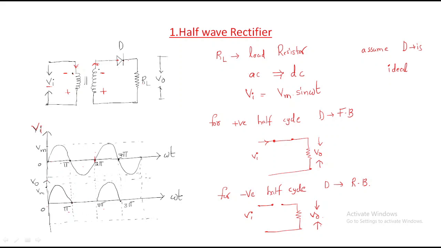That is the reason it is a rectifier and it is a pulsating DC. It is a DC but consisting of pulses. That's why it is called a pulsating DC, and it works only for the half wave. That's why it is called the half wave rectifier.